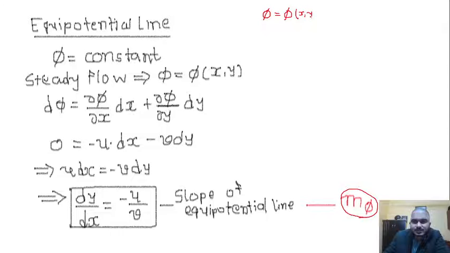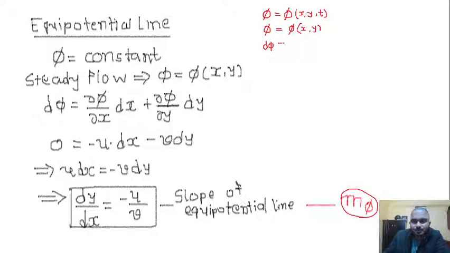But if we consider this to be a steady flow, then the time dependency will not be present. So phi is equal to a function of only x and y.